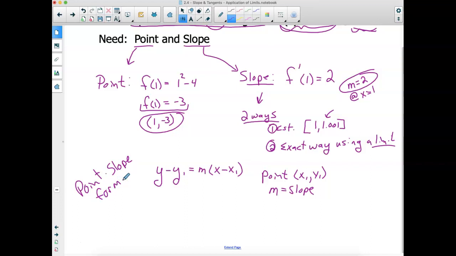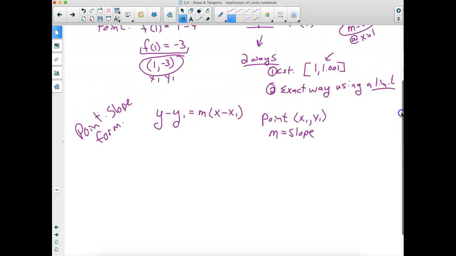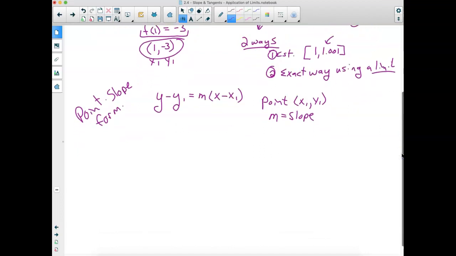And now the beauty of the deal is, all I got to do is plug in. Here's my x1, y1, and here's my slope of 2 up here. So I can substitute them into my equation and say y minus negative 3 equals 2 times x minus 1.